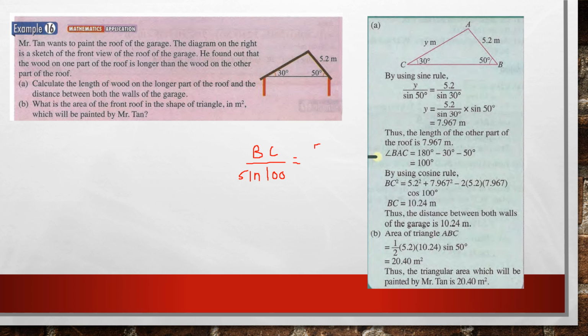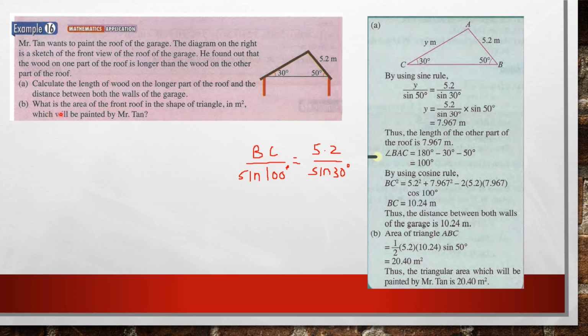So if you want to use AB, it will be 5.2 over sine 30. So you can use either sine rule or cosine rule. You will get the same answer for BC. Okay, this is for part A. You will get 10.24 also for BC when you calculate using sine rule.